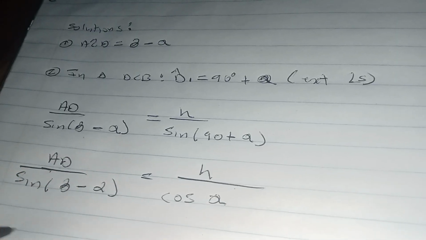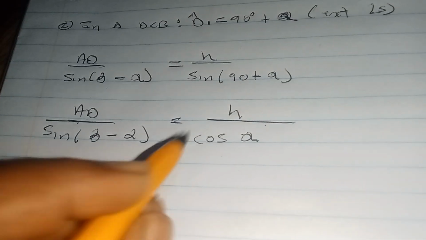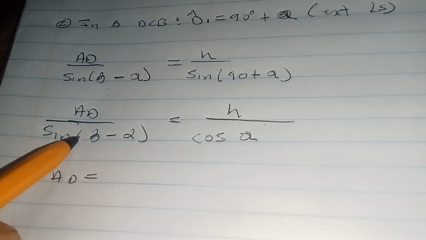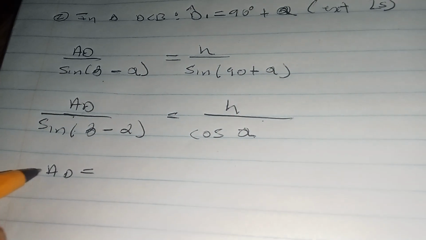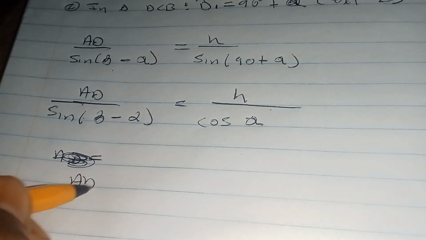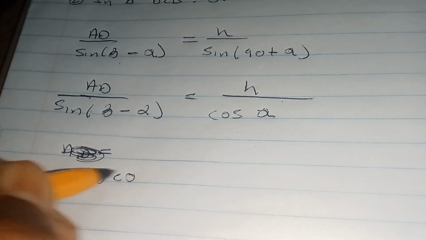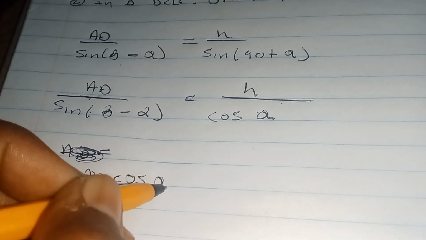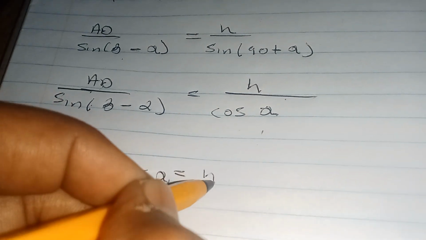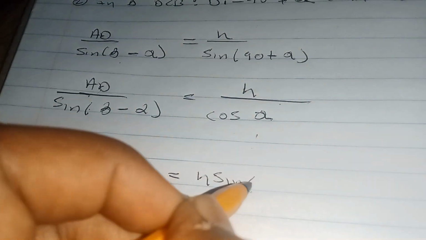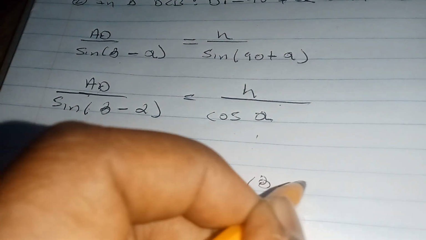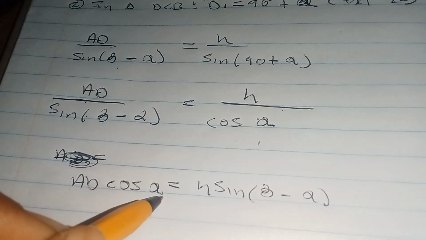From that, I'm going to cross multiply. Let me go step by step. AD multiplied by cos of alpha is equal to H multiplied by the sine of theta minus alpha.